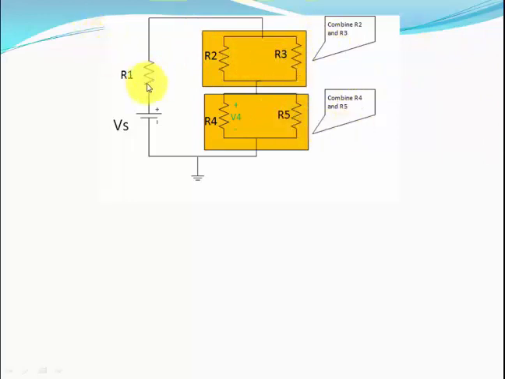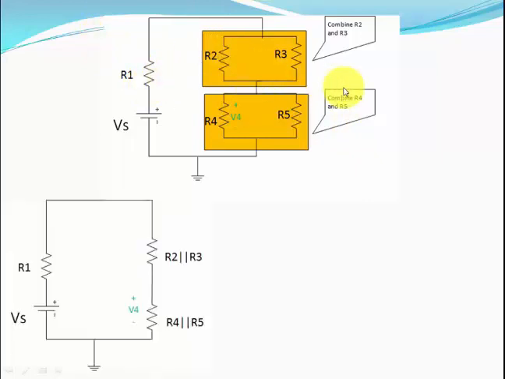So R1 and the two groups are connected in series. So the simplified circuit is like this. In this circuit, we can see how to find V4. We use the voltage divider: the corresponding resistance on top, the sum of all the resistance on bottom, multiplied by the total voltage.